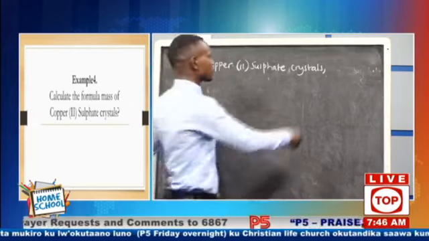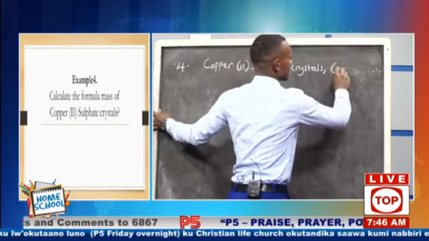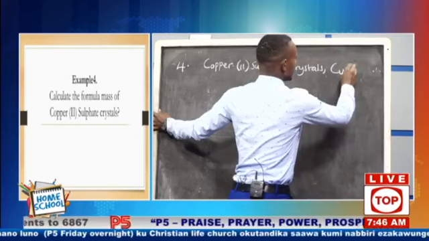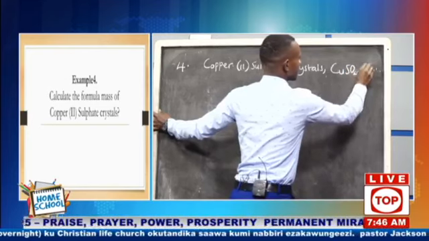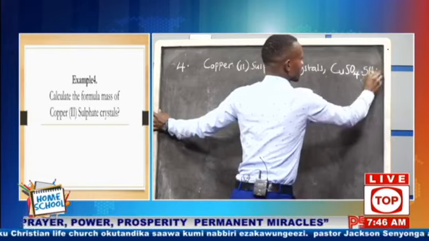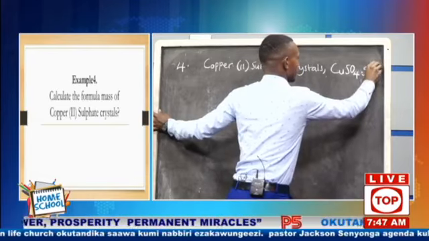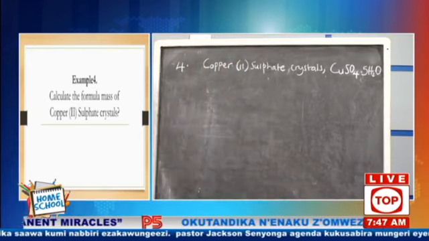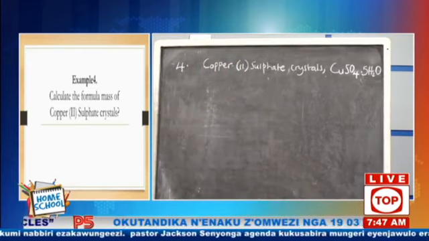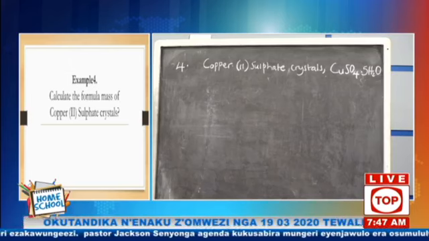And you come up with CuSO4.5H2O. Okay? That is the chemical formula of copper 2 sulfate crystals.